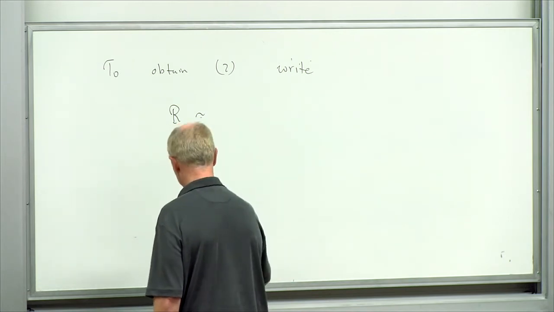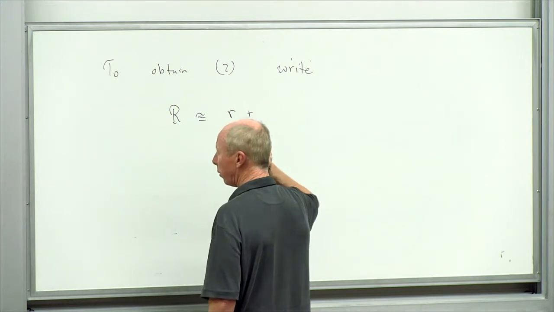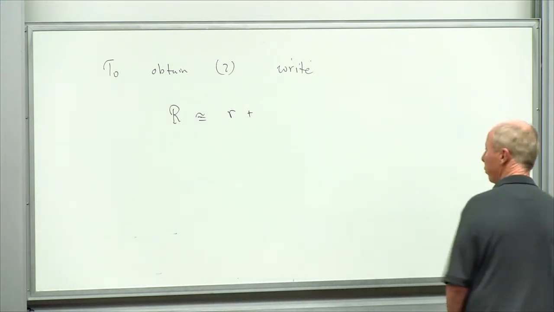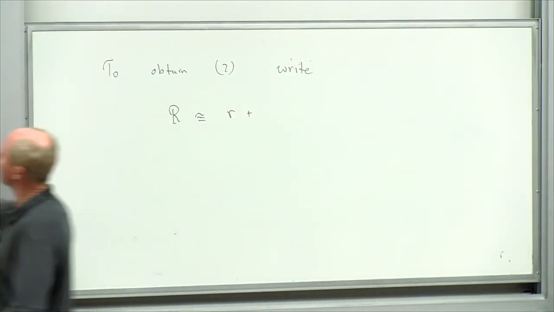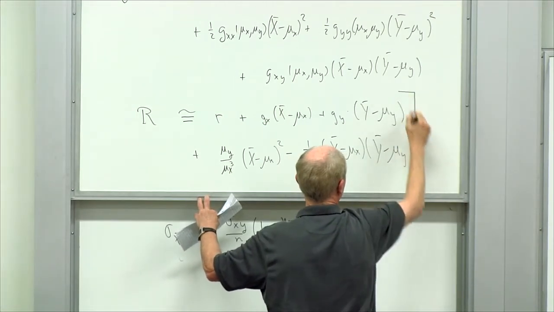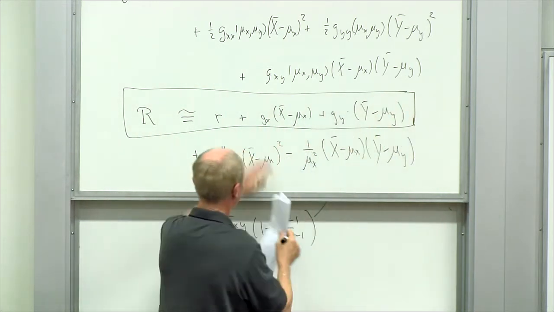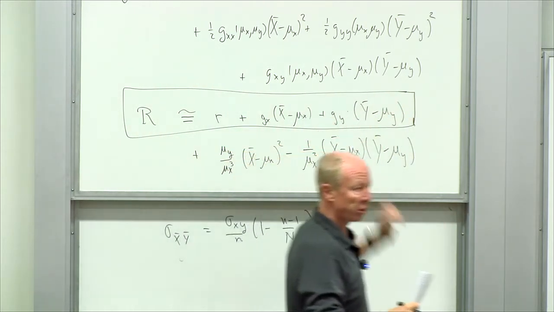Right, that R is approximately equal to, now G sub x, I'm just going to use it out to the first order. That means I'm going to stop here and use this one. Okay, so I should write down G sub x and G sub y now.